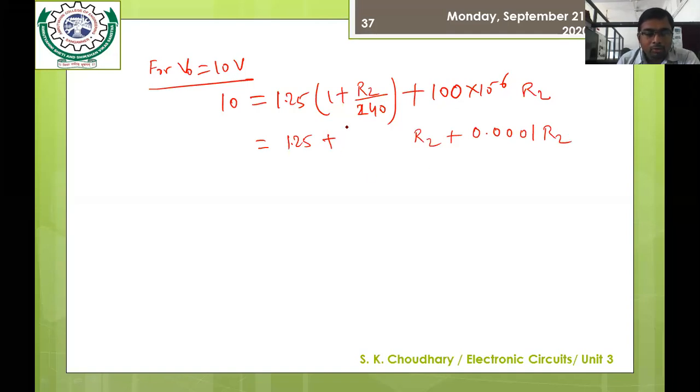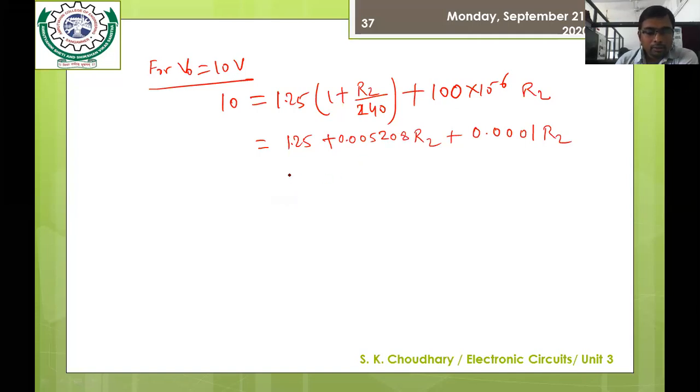So here what is the value? Has anyone found out 1.25 divided by 240? It would be 0.0052208.